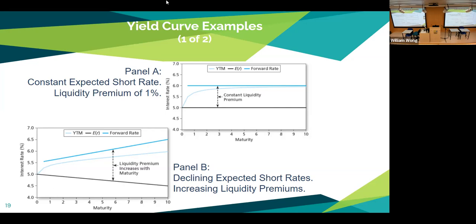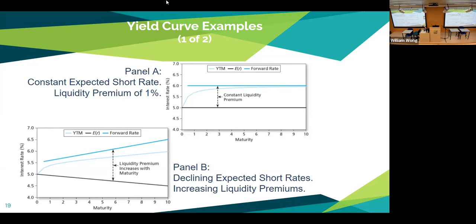Panel A is actually for the regular term structure. You have the expectation premium, and then the yield curve goes this way. But if you have a short-term expectation going down, and then you have a long-term liquidity premium like this, then you still maintain an upward sloping yield curve.